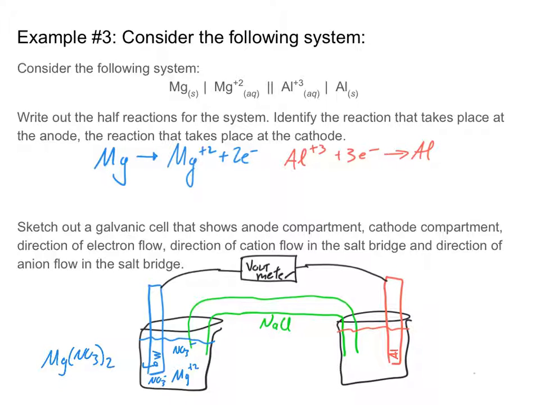And then on my aluminum side, I also have to have some solution. So I'm going to have Al(NO3)3. So I'm going to have some Al3+ floating around, and some NO3 minus, some NO3 minus, and some NO3 minus.